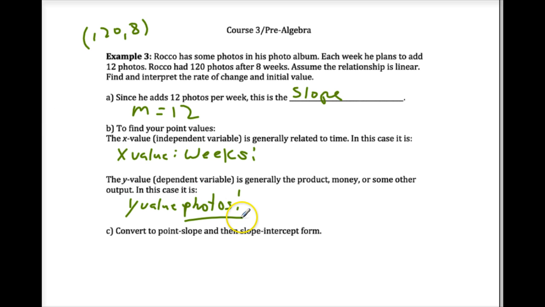The photos depend on how many weeks, because you put the photos in each week. So actually write this point down, guys. 8, 120. And you're going to have to really think and keep that straight as you get home.